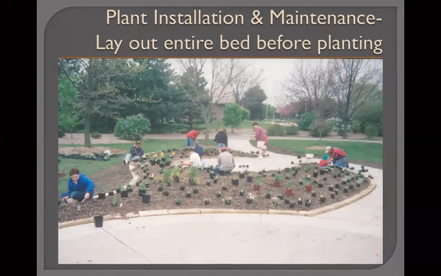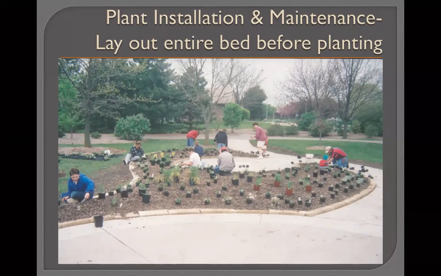But once you've figured out what plants you want to incorporate within your design, you've laid out your plants, plotted those on your design paper, then you can go ahead and start laying out. And this is just an example of an area that we did here at the Visitor Center. We laid the entire bed out. Then we could step back and look at the spacing, thinking about what these plants will ultimately grow to be at maturity.